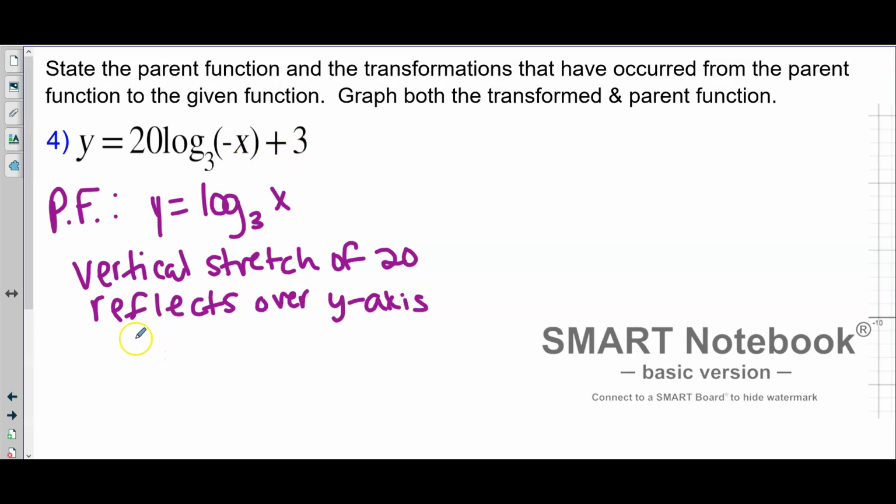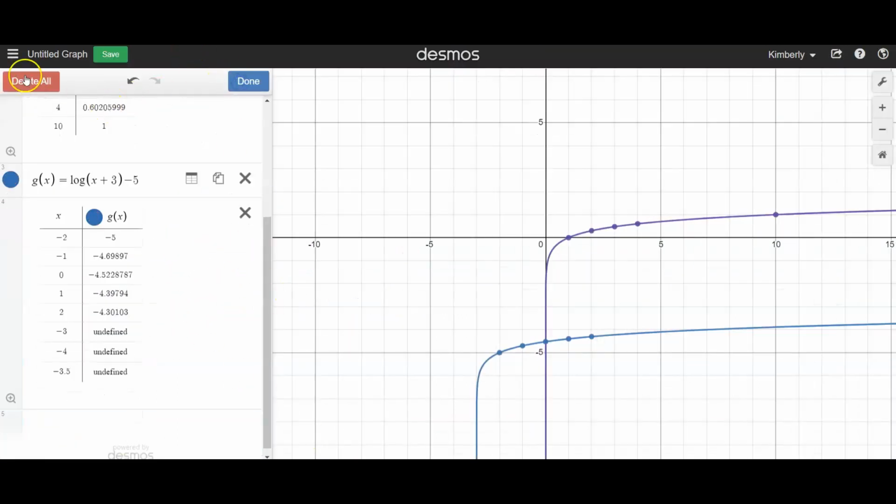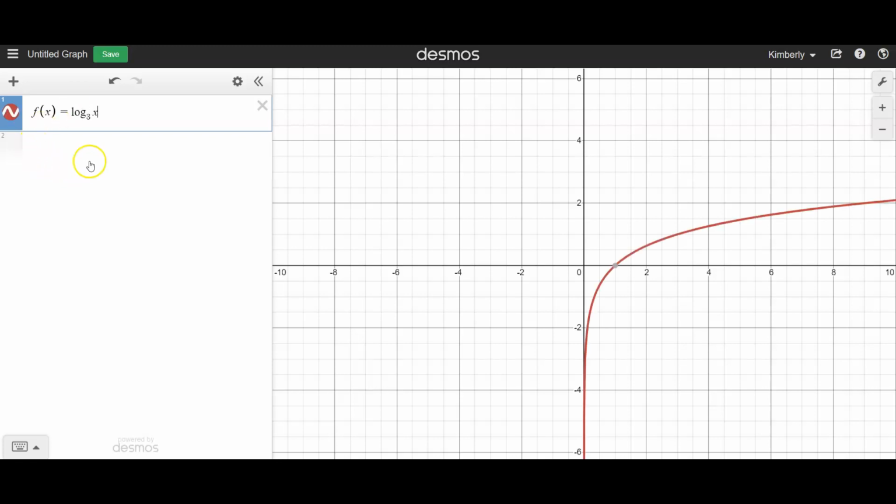And then the plus 3 shifts our graph up 3. Okay, so I'm going to put in my parent function first, which is log base 3 of x. And then our transform function.